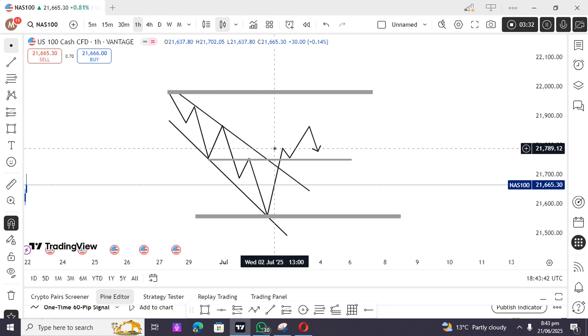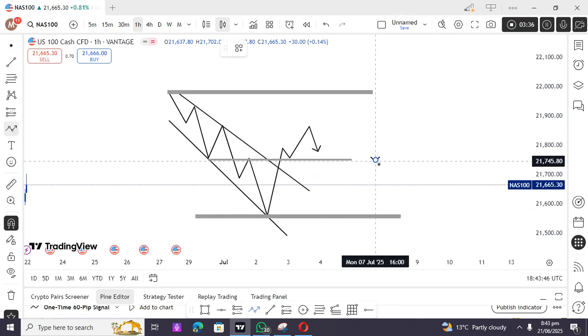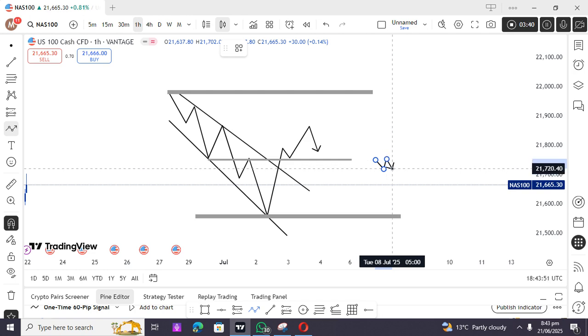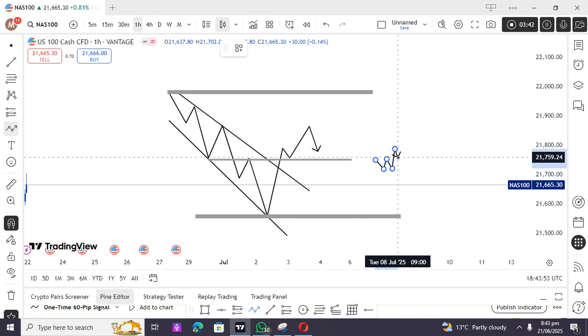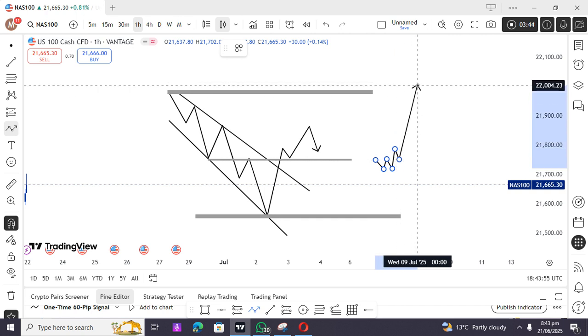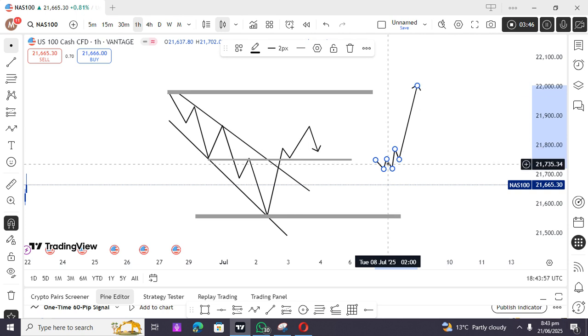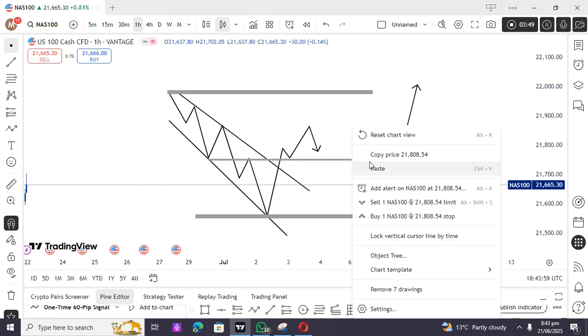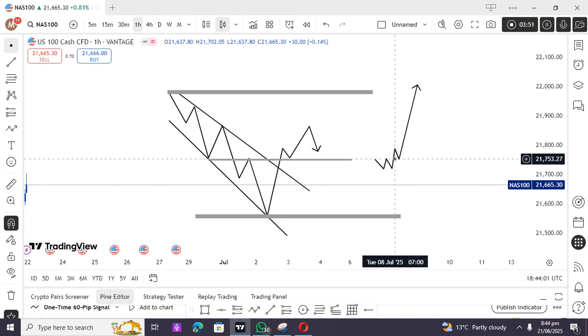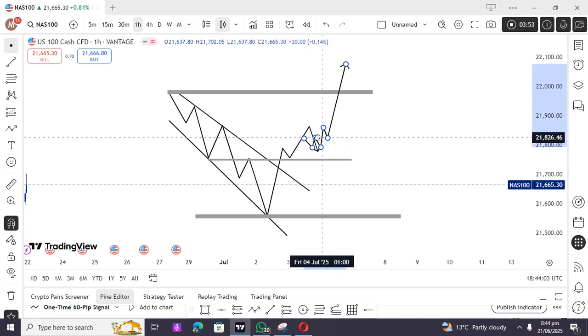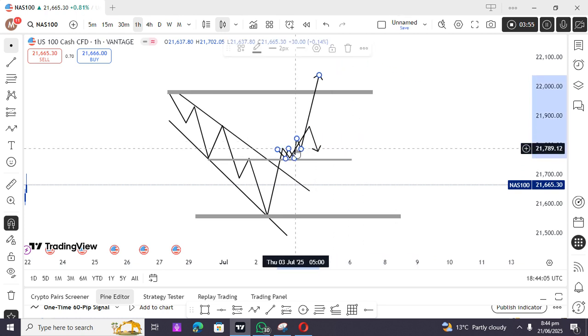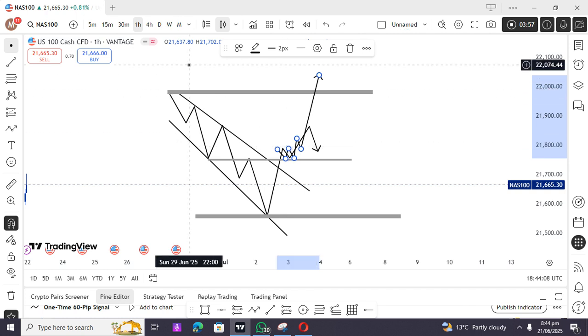So meaning that the market is creating new highs. You will wait for the market to form something like this to the zone, to this strong area. Understand? And push. You wait for the market to do something like this, on the 15 minutes time frame.